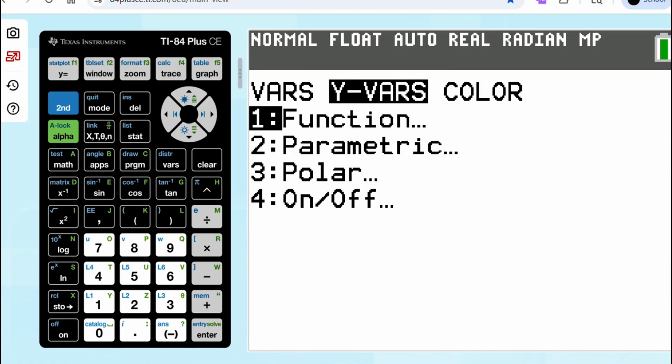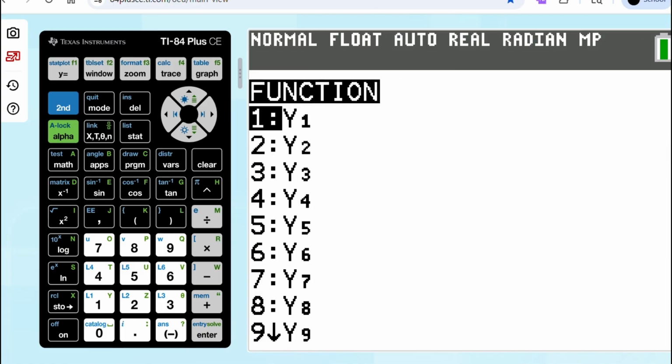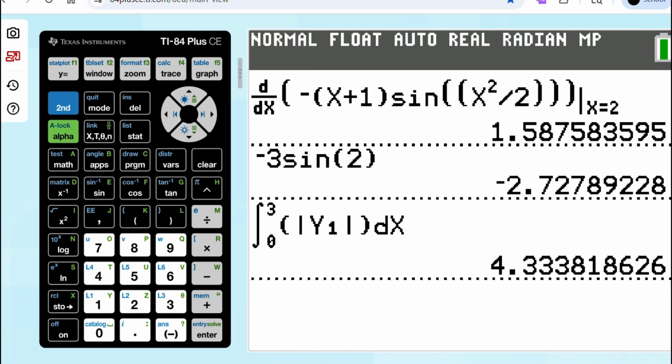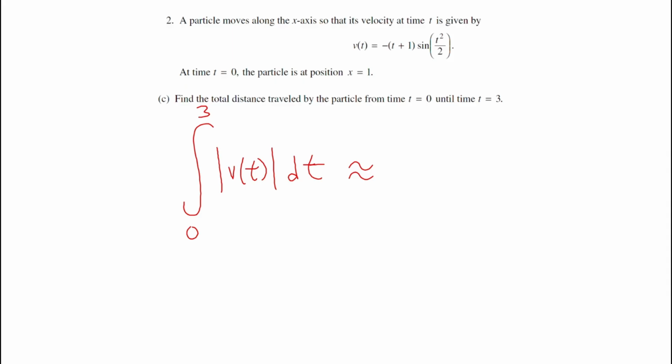And if we go to the second column for y variables and hit enter, we can see that our function y1 can just be inputted without having to retype it. We'll put our x outside, and we'll integrate, getting 4.334. And that is our total distance traveled, and that was worth 3 points. 1 for the right limits, 1 for the right integrand, and 1 for the answer.